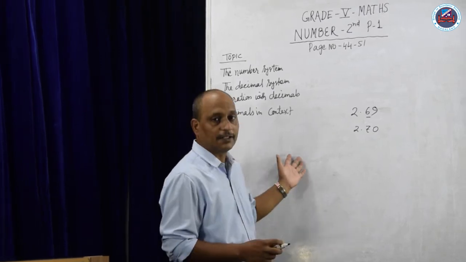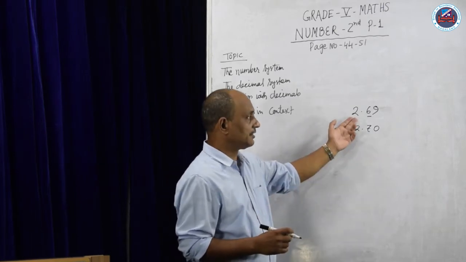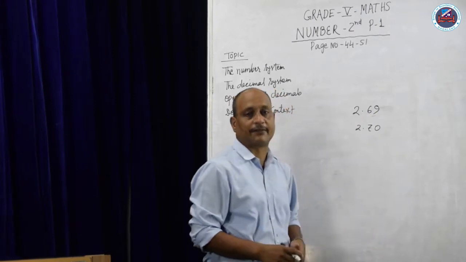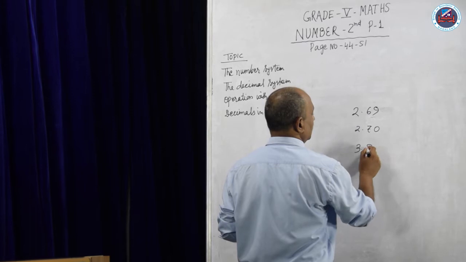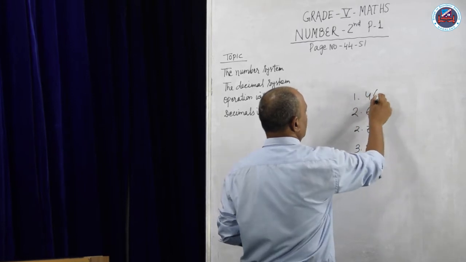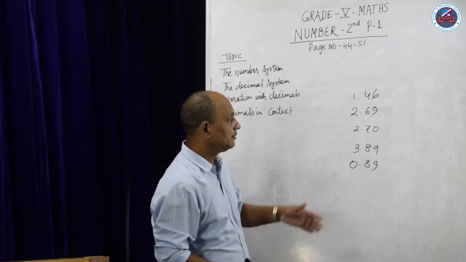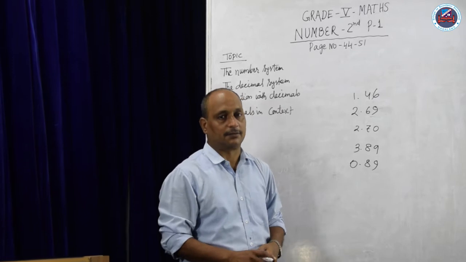Now let us see greater and smaller. Suppose let us take these two numbers, 2.69 and 2.70. Let us take some more numbers, 3.89, 1.46, 0.89. Now from these numbers, which is the smallest number?